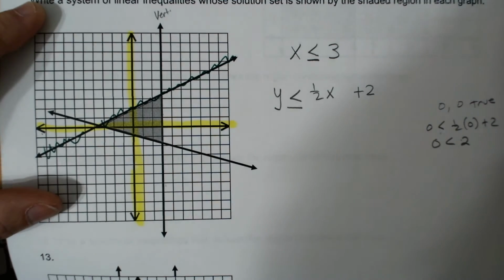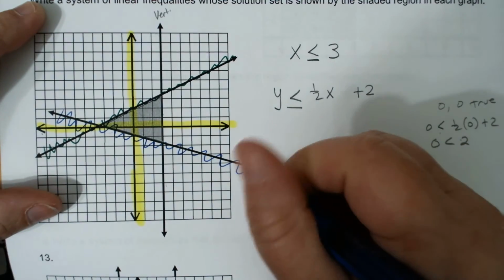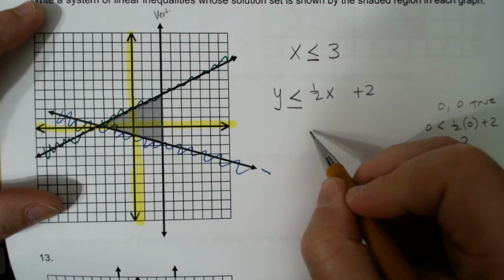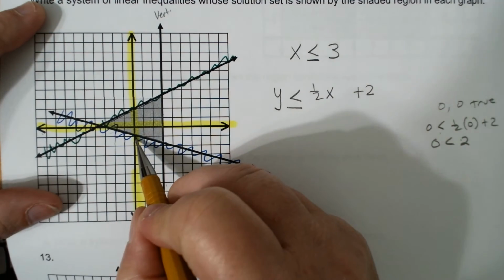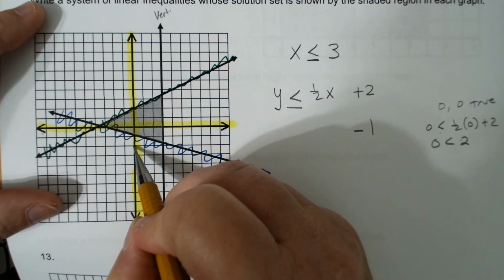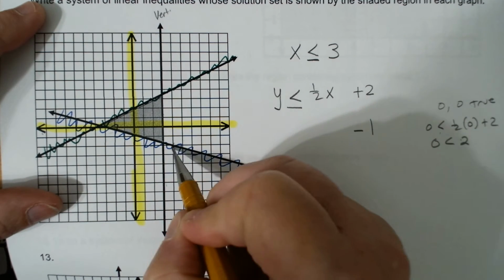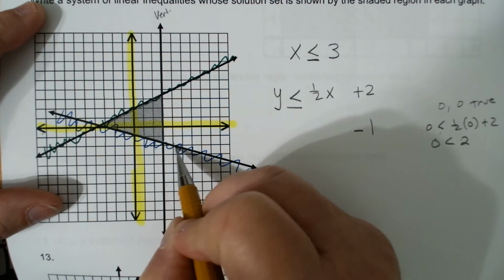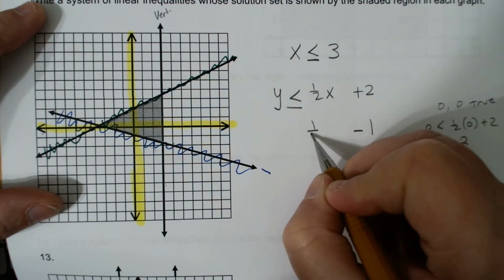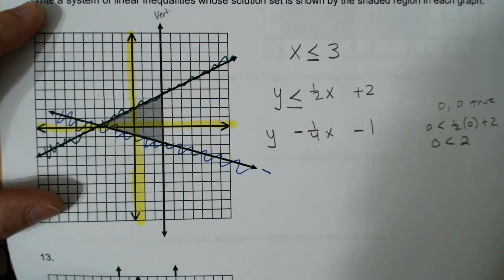Then I have this line, and that has a negative slope. So I have a y-intercept of -1, and then I have 1 down, 1, 2, 3, 4. That was kind of confusing, so I gave thirds and fourths. I didn't mind that. 1/4 x, that's a negative slope, y.